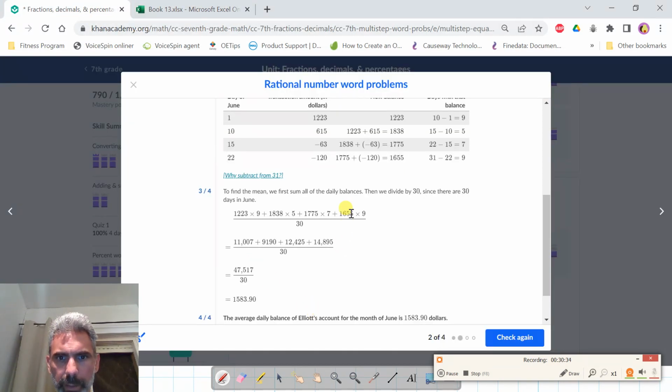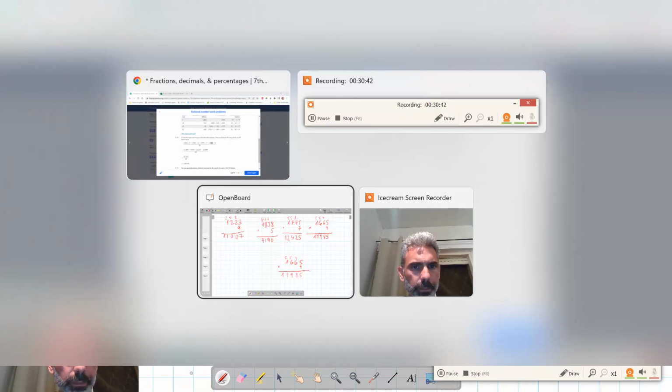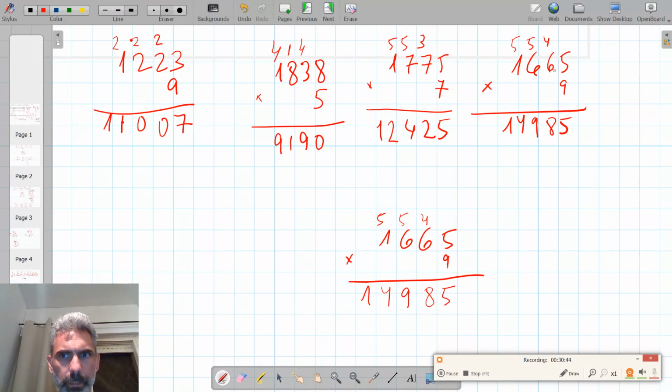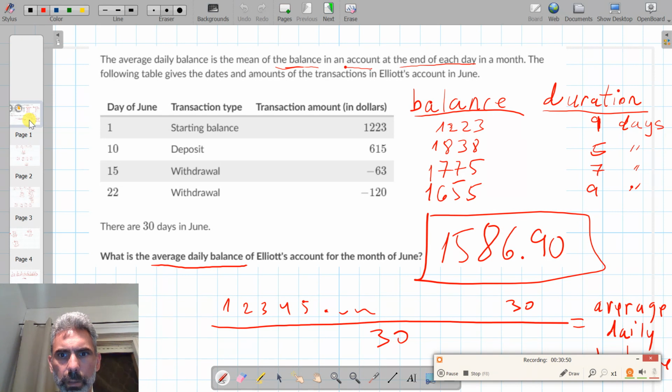It's 1655, not 1665. So why did I write 1665? Because I made a mistake copying from here.